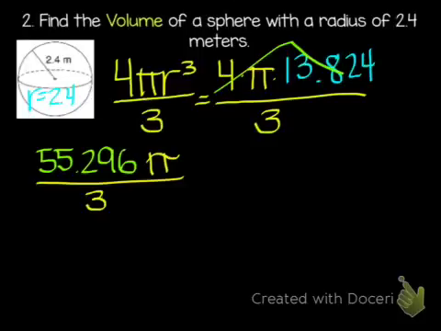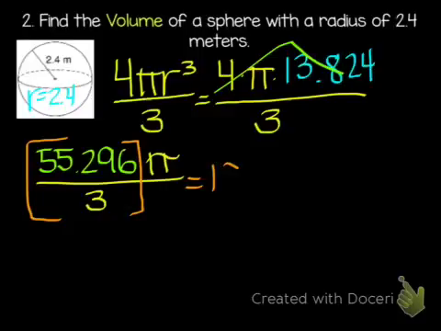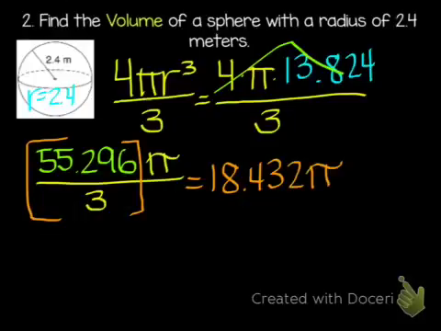I'm going to take my 55.296 divided by 3 and simplify that, which gives me 18.432 times pi. Once we get to this point, we want to use our pi button.